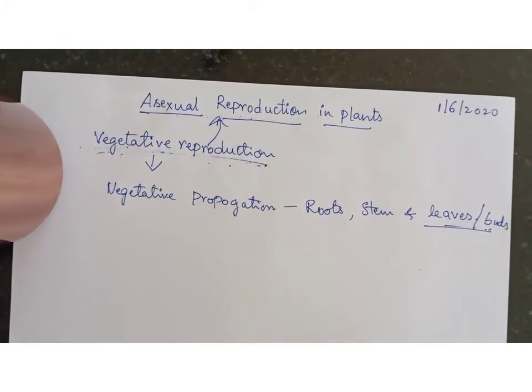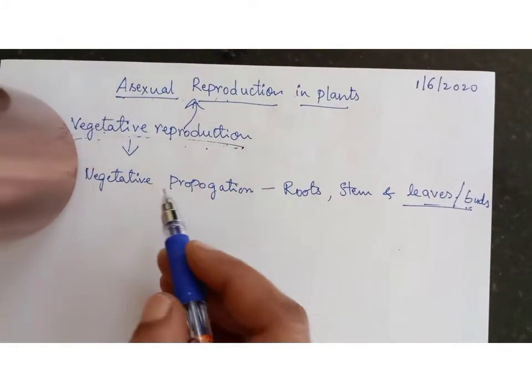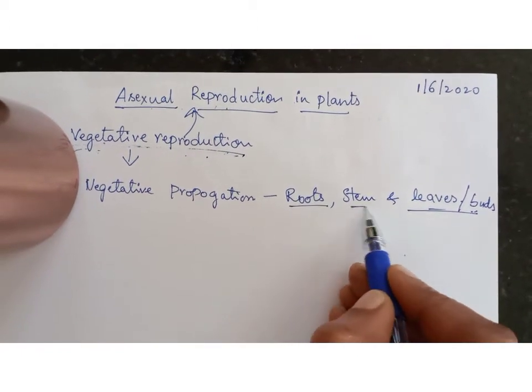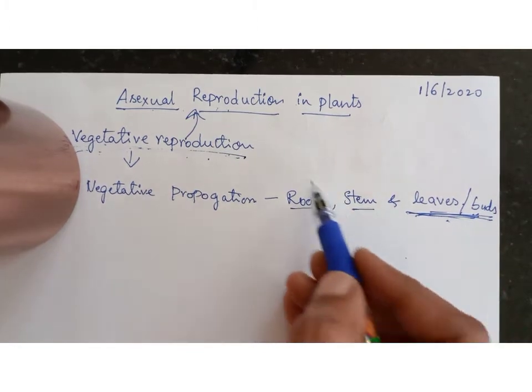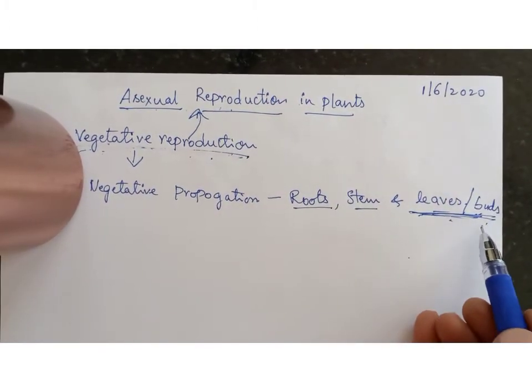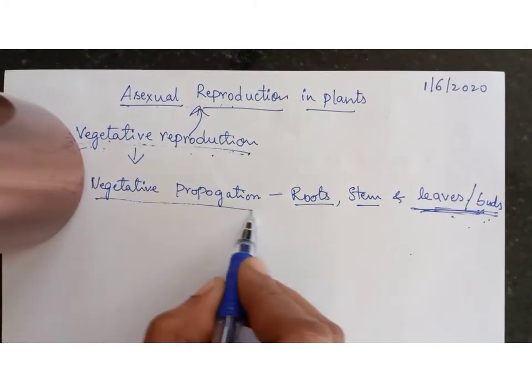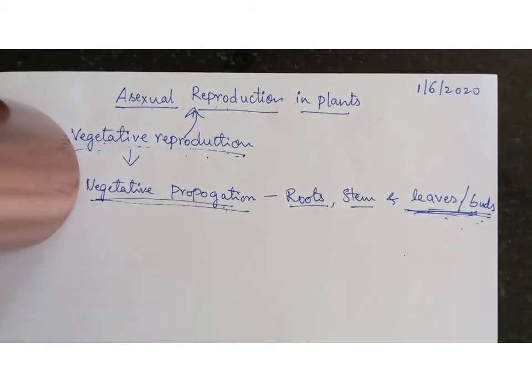The vegetative parts of the plant body like the roots, stem and leaves which are involved in this process of asexual reproduction is called vegetative propagation.